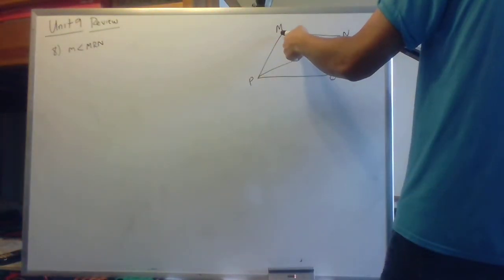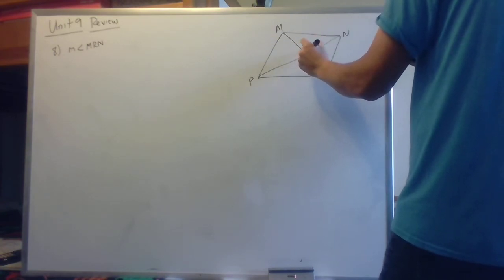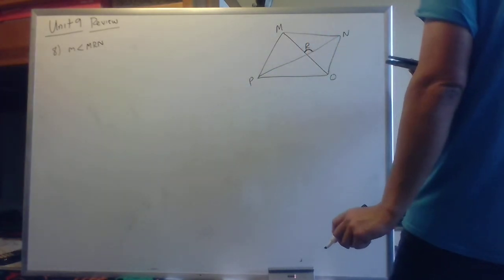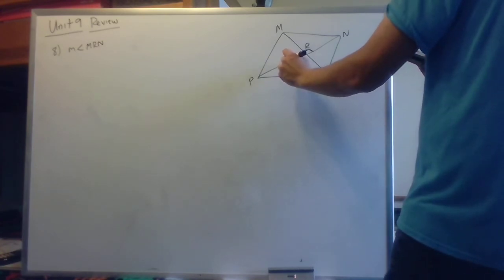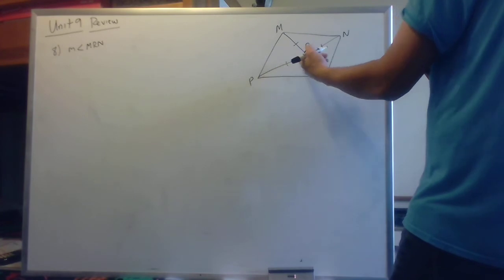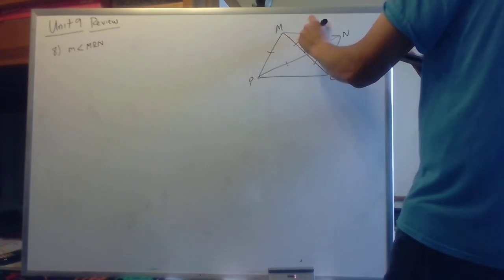It's right here. It wants that angle. A rhombus, based on its properties, has diagonal segments that are congruent, and it also has congruent side lengths.